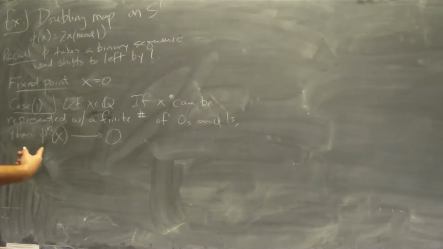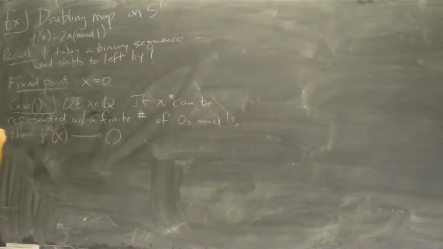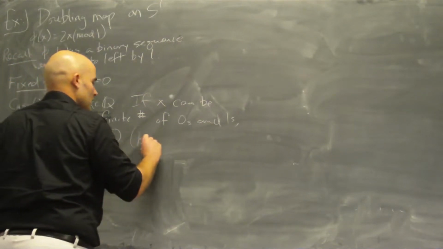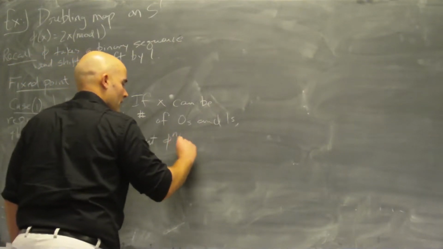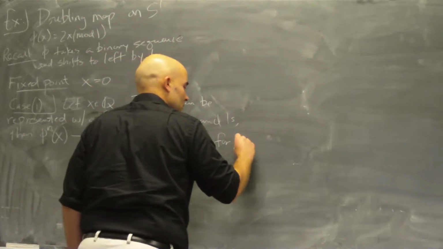It's actually going to equal 0 at some n. So not only does it converge, but it actually equals 0 for some n.